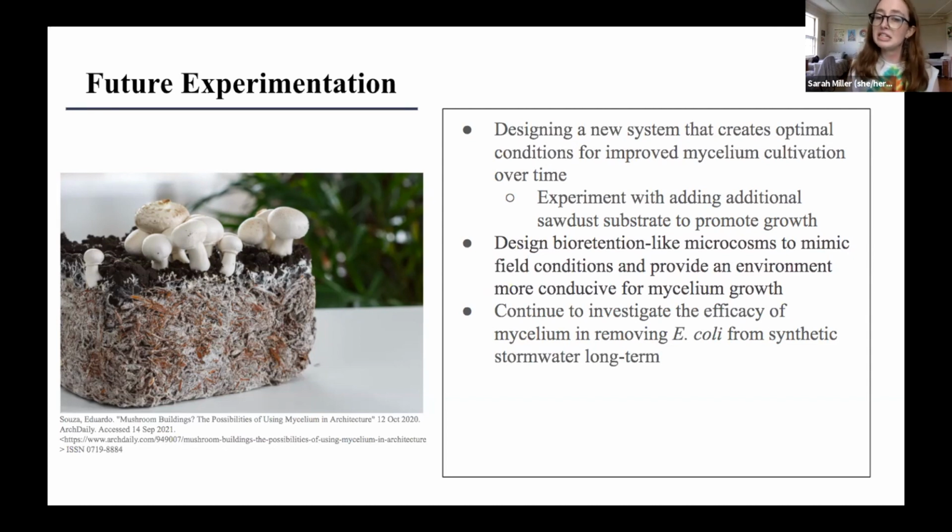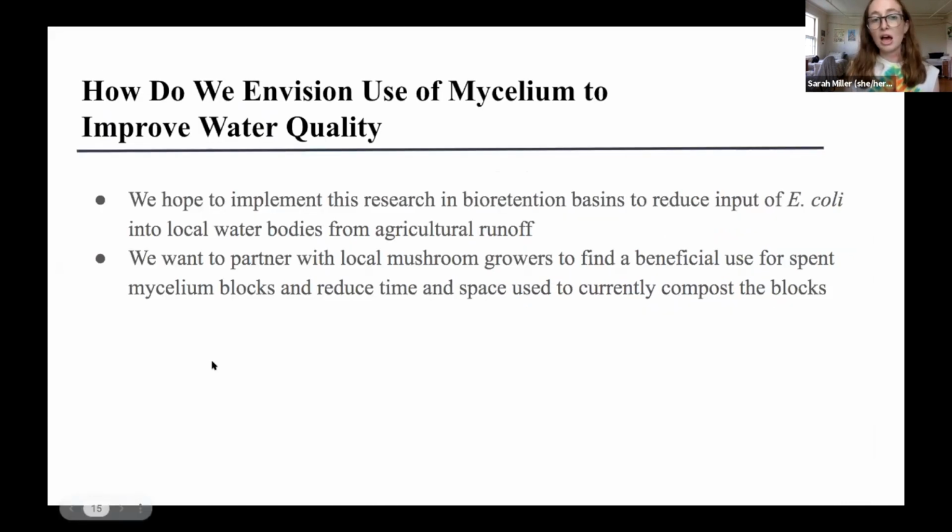We also will continue to investigate the efficacy of using mycelium to remove E. coli from synthetic stormwater long term. We hope to use this research on mycelium to implement bioretention basins to reduce the input of E. coli from agricultural runoff into local bodies of water.